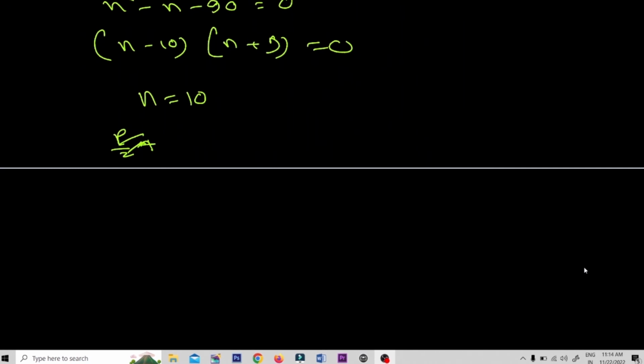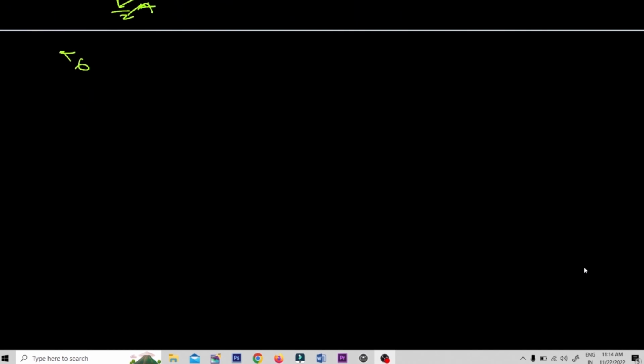So T6 here is nC5 into y to the power half whole to the power n minus 5 into x to the power 1/3 whole to the power 5. Therefore n equals 10 here.